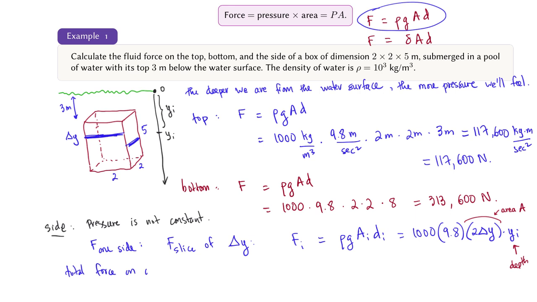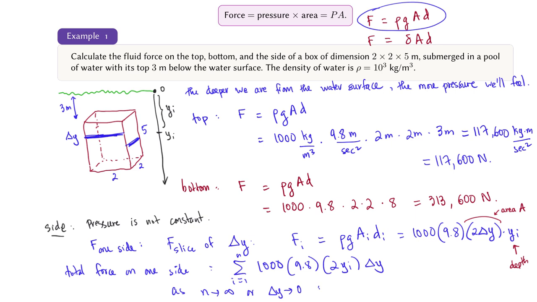The total force on one side is the sum of all of the slices, assuming that we have n slices. Each of the slices has the force of 1000 times 9.8 times 2 y_i times delta y. But as n goes to infinity, or delta y goes to 0, we obtain the definite integral of 9800 times 2y dy.